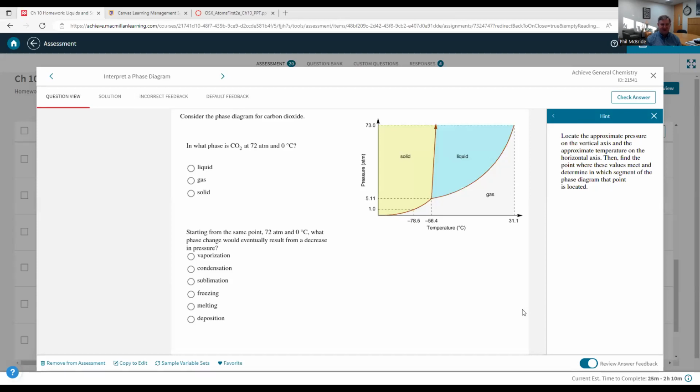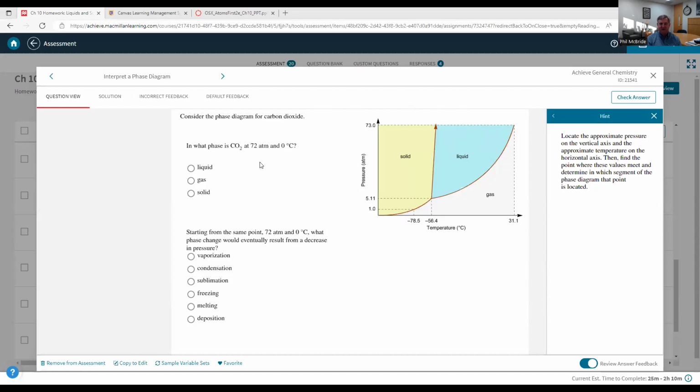All right, here's a phase diagram. I think this is question 17 or 18, somewhere in there. So here's a phase diagram for carbon dioxide. So it's 72 atmospheres, 0 degrees Celsius. What is going to be the state or the phase of carbon dioxide?